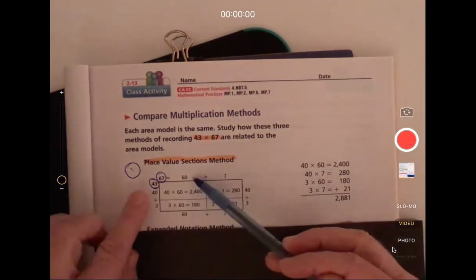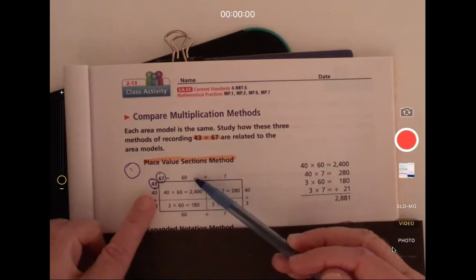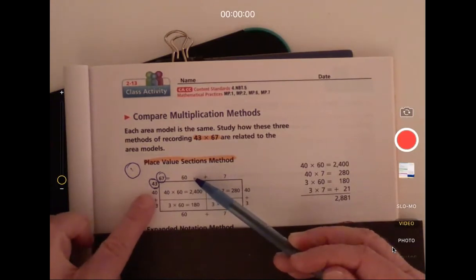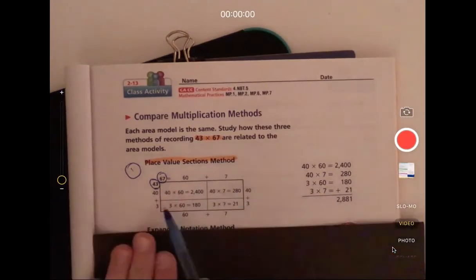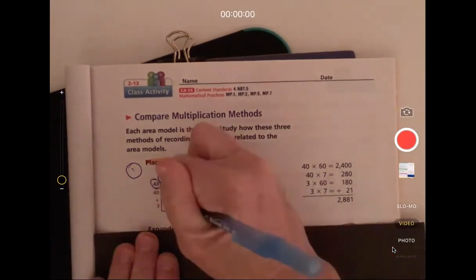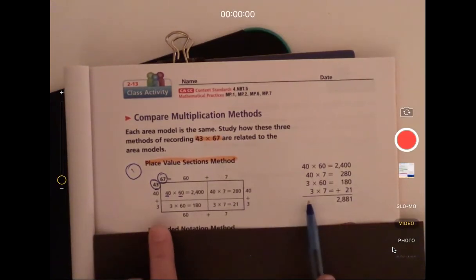Then we're just taking it kind of like our multiplication chart, and we're thinking 40 times 60 fits into this section. We know our 4 times 6 is 24, and we have 2 tens, so we're putting our 2 zeros. I'm not going to go through every section. I'm just reviewing that this is how we do the place value section method.